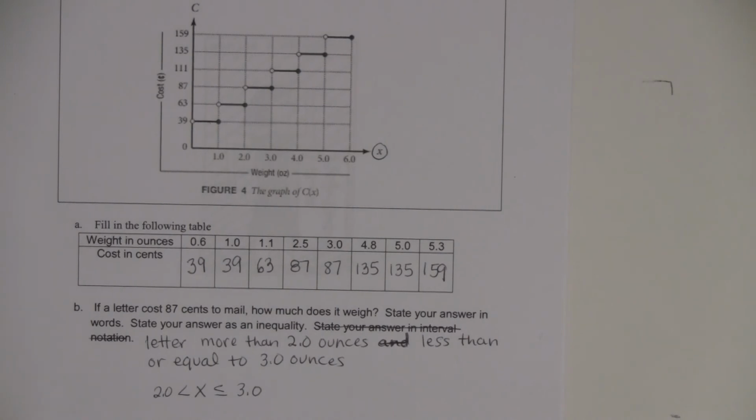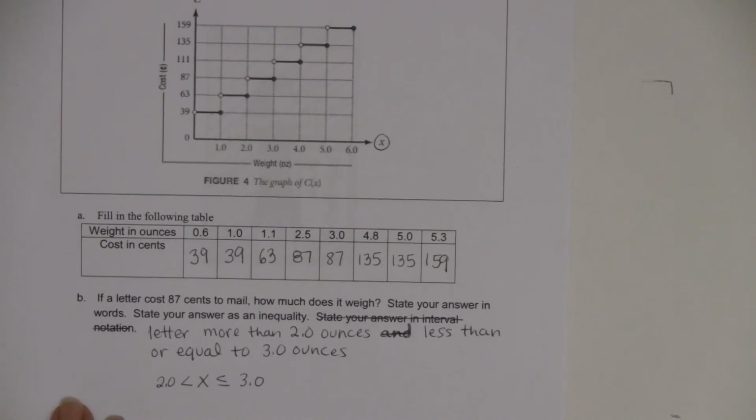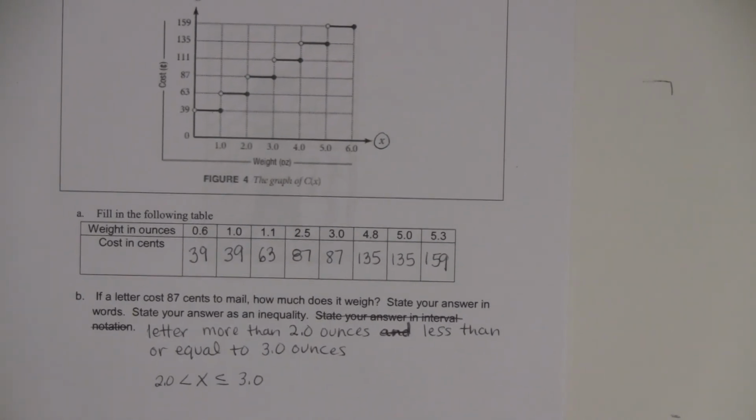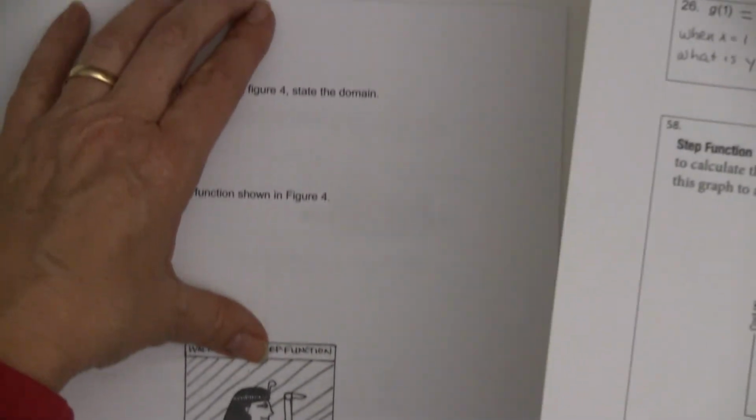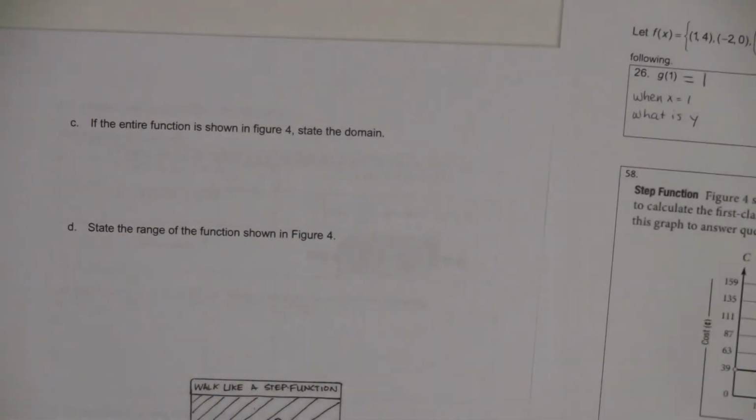We can have our letter weighing, and so our x, if it's 87 cents to mail it, is between 2 ounces and 3.0 ounces, where it can be exactly 3.0.